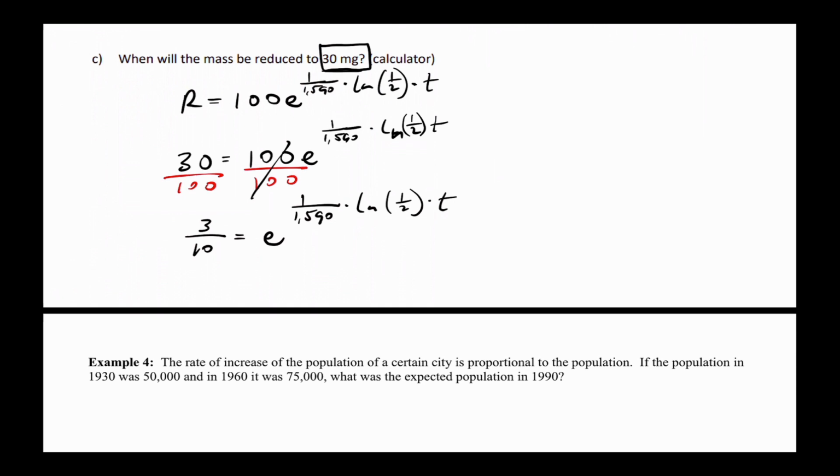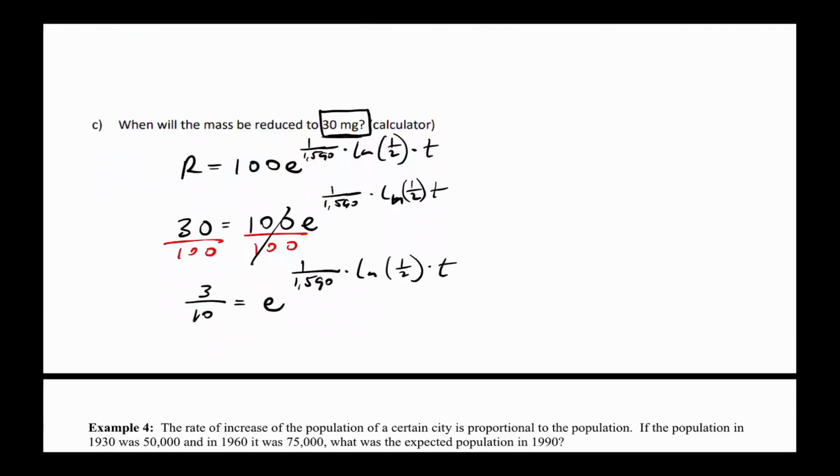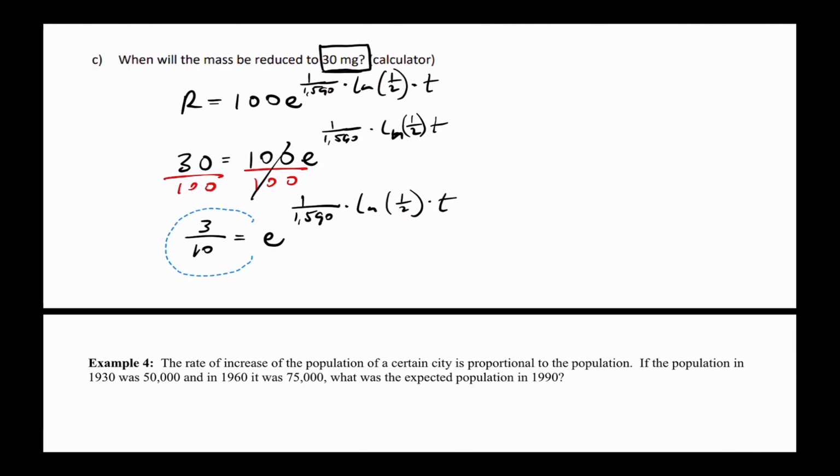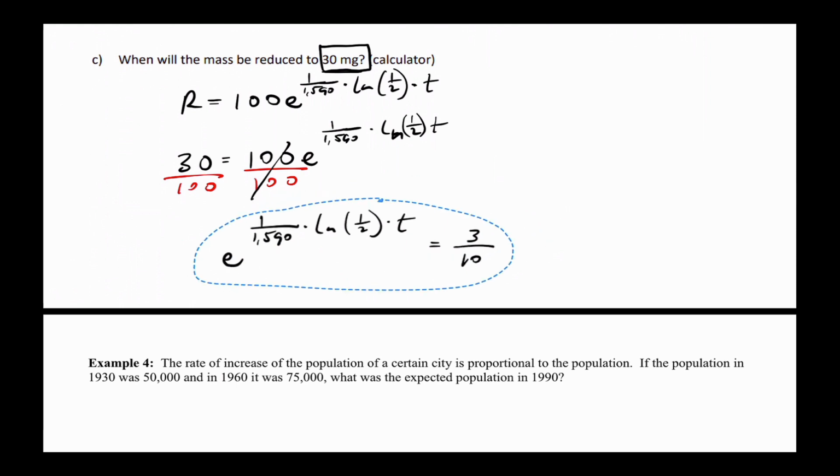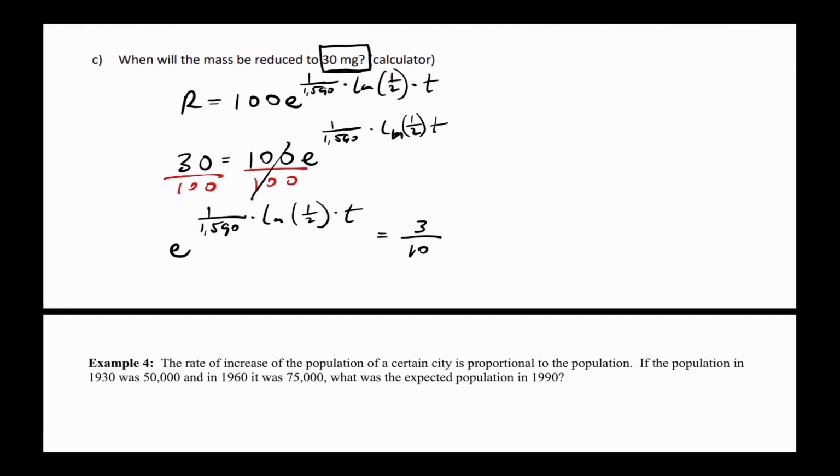There are a few ways that we can go about this, but one way, I'd say, take the natural log of both sides right now. Change it to a log. So let's see. If I change it to a log, it's going to be this base, of that equals that.